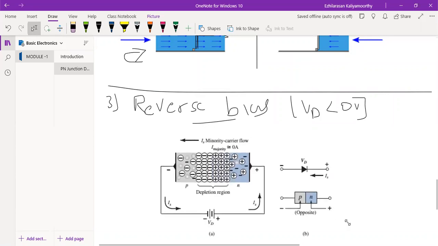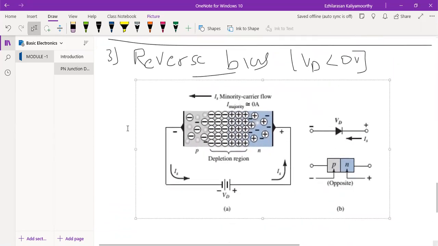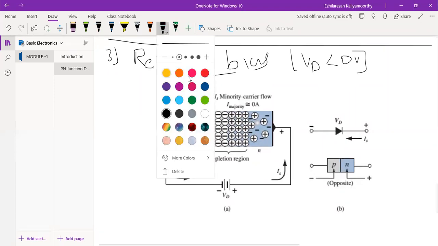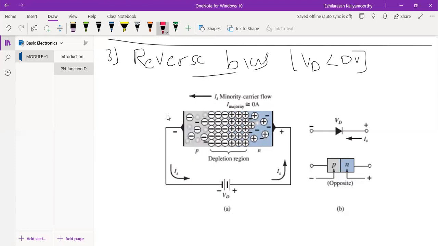See, this is the figure. You can see from this figure what we did here. This is the N type, this is the P type.